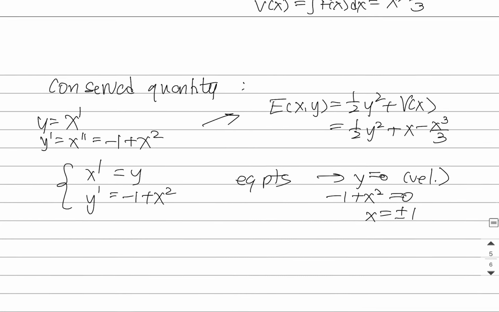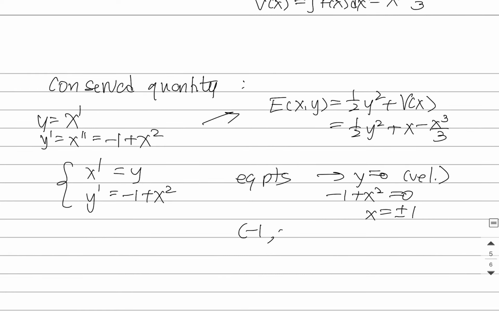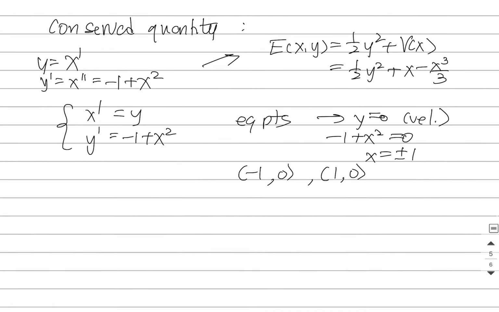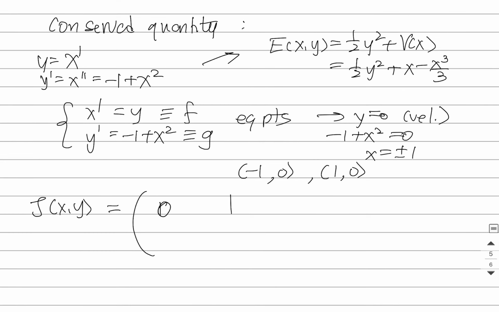So the two equilibrium points that we've got here are negative 1, 0 and positive 1, 0. We're going to want the Jacobian. So this thing here is defined to be f, that thing there is defined to be g. So the Jacobian for us is going to get a 0, a 1. We're going to get the x derivative as a 2x and a 0 here.